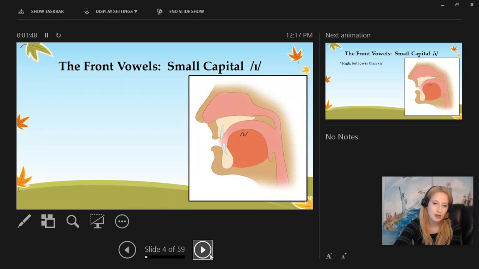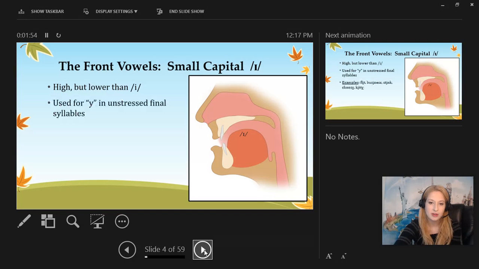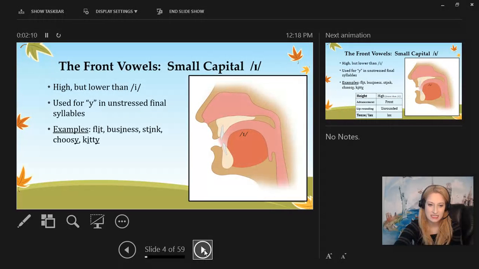Next, we have the small capital I. This is high, but it is lower than the lowercase i. It's used for the Y, the E sound in unstressed final syllables. So for example, flit, business, stink, choosy, kitty.